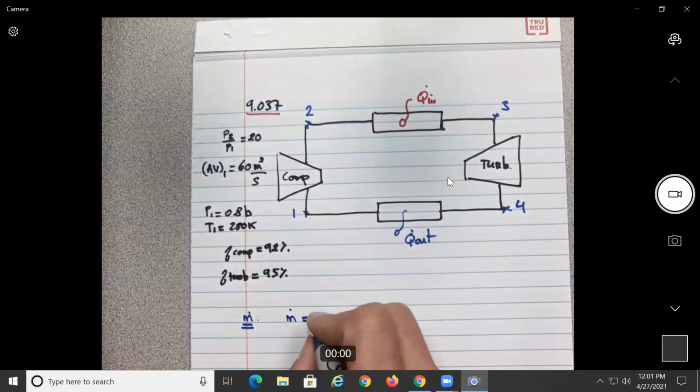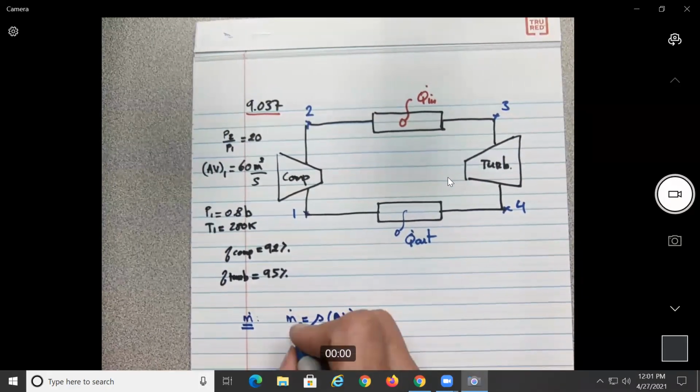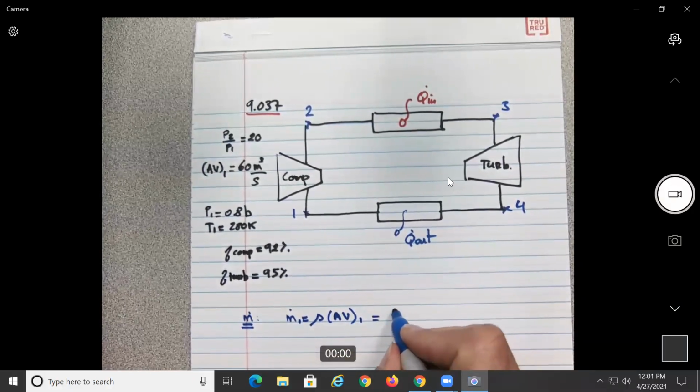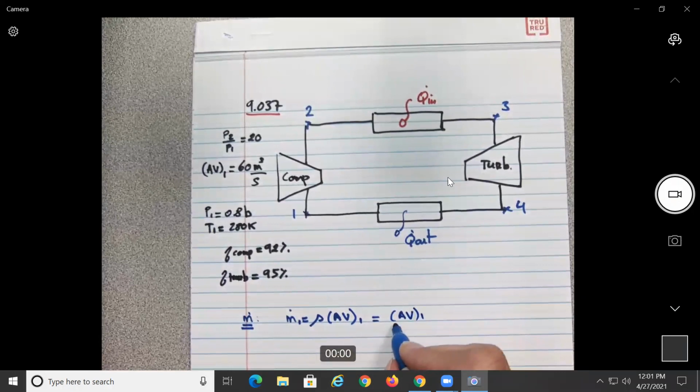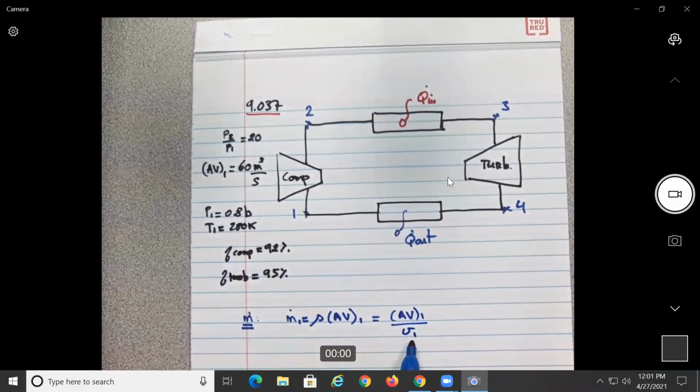Is density times AV, no? So we could say that m1 is equal to AV1, and this is equal to volumetric flow rate divided by specific volume. What is density?